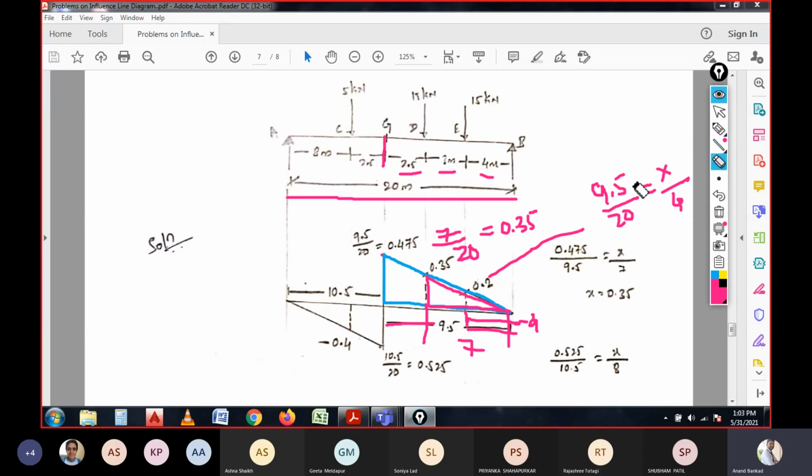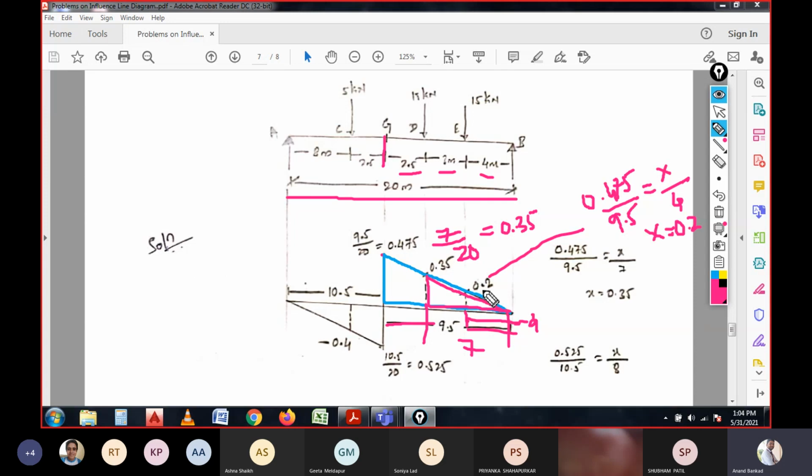Sorry, it should be written as the value of 0.475. That means a similar triangle: 0.475 divided by 9.5 equals x divided by 4 meters, and the x value will be 0.2.